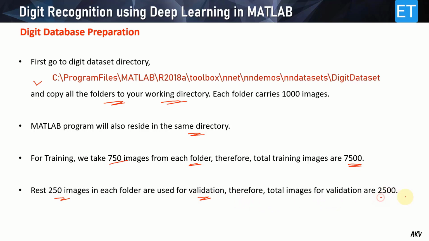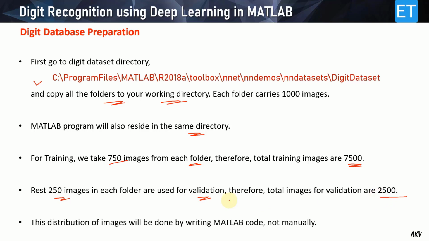So there will be a total of 2,500 images that will be used for validation. And this distribution of images will be done by writing MATLAB code, not manually. When you go to the program, you will see that this distribution into 7,500 and 2,500 is done by writing MATLAB code.